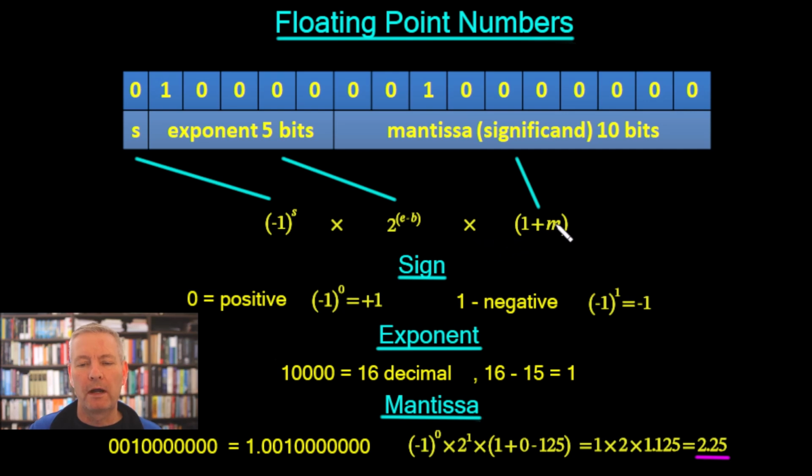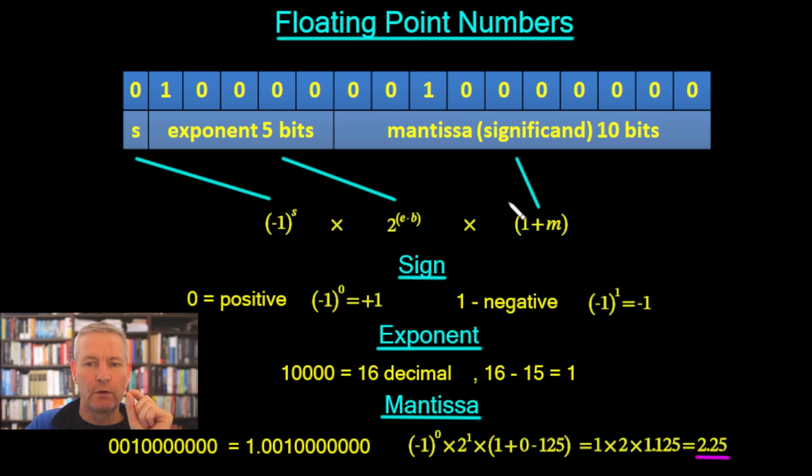And then the other part here is the mantissa. So the mantissa has got the value of m, which is the fractional part, but we actually do something really neat here, and it'll become obvious in a minute why we do it. We add on this extra term of 1. So this 1 is what we call a hidden bit.